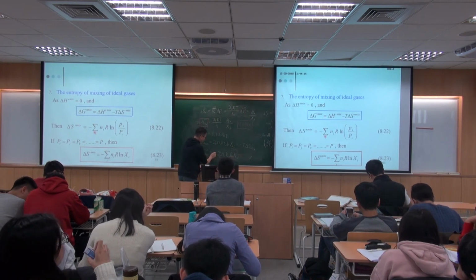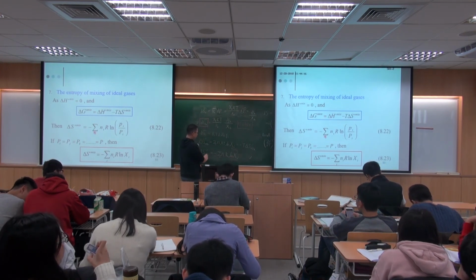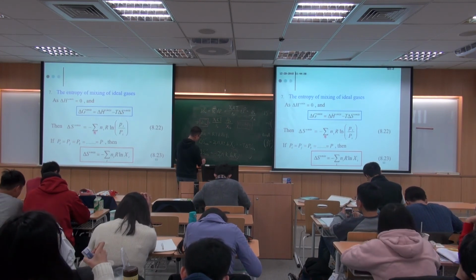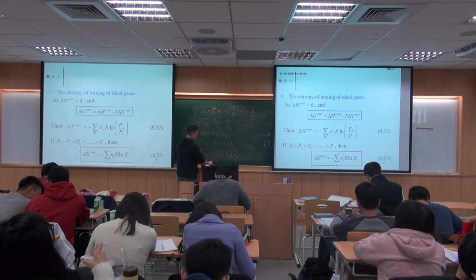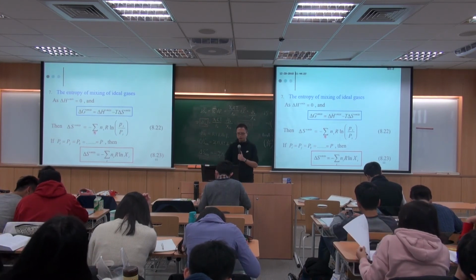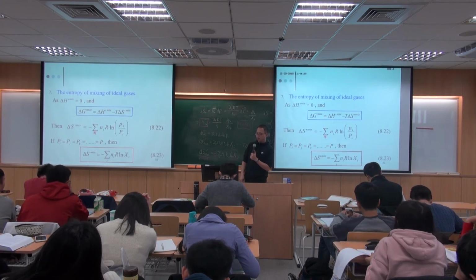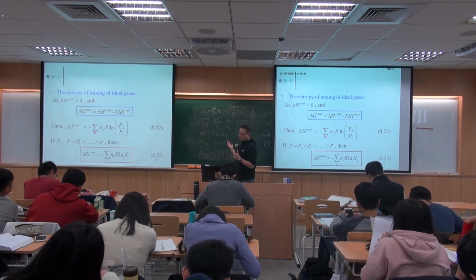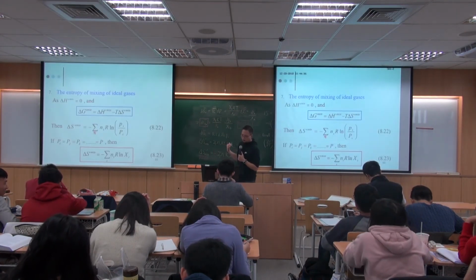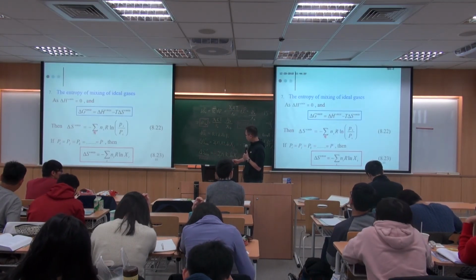But you have a minus sign here, which means that this whole thing is always positive for the mixing of a bunch of ideal gases. Okay. So, I believe that this is the end of this chapter.